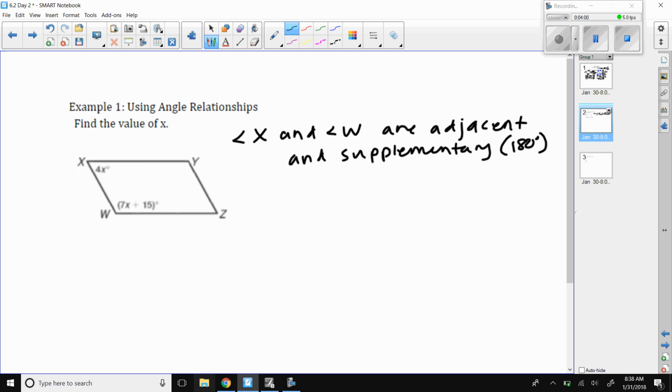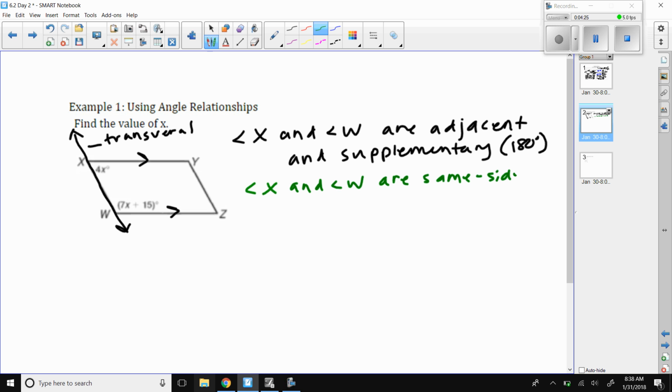You can also think about it as these lines we know are going to be parallel to one another, which means XY is cutting through 2 parallel lines. XY is a transversal. And we can also think about, these are going to be supplementary because angle X and angle Y are same side interior angles, which we also know add to 180 degrees.